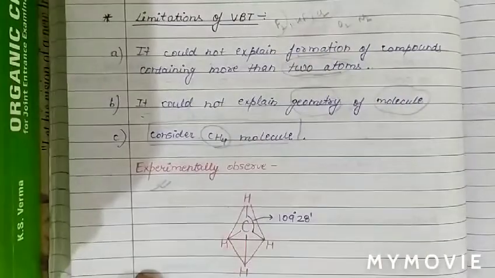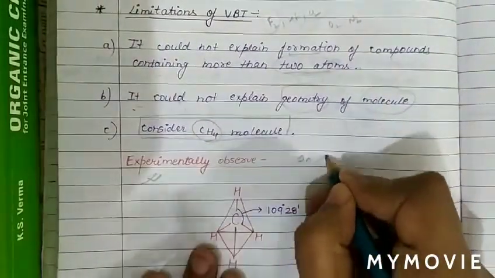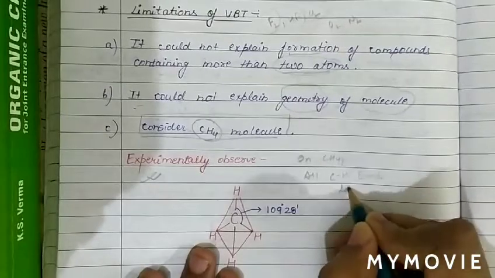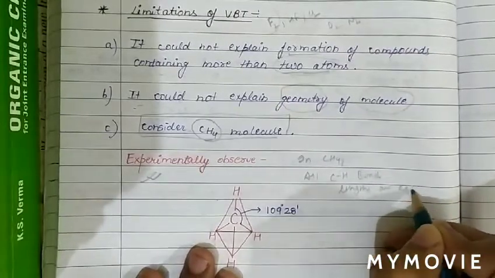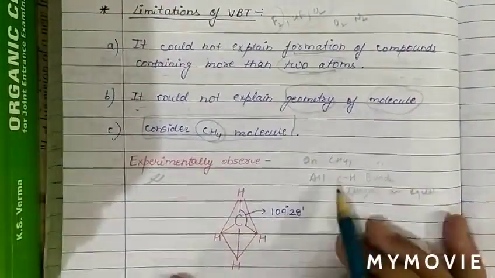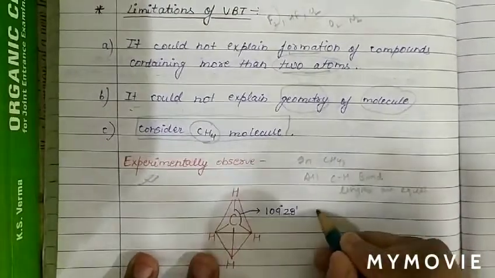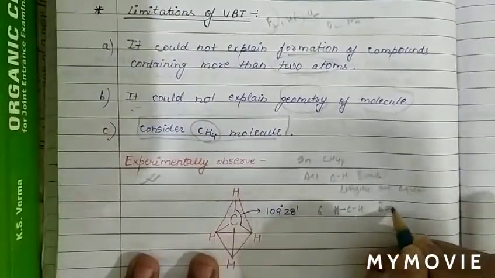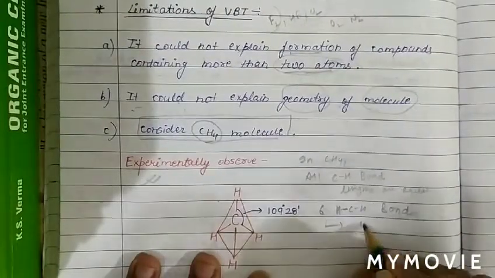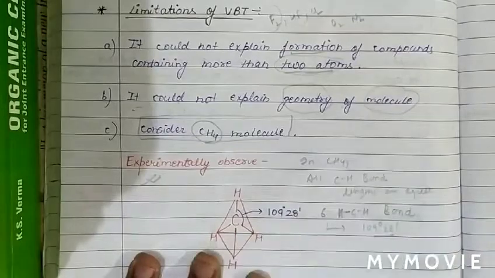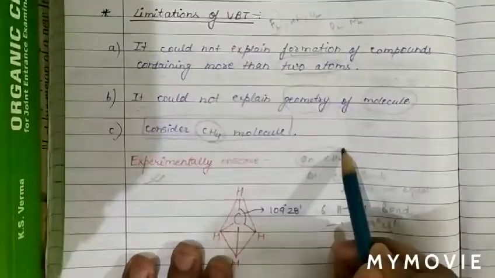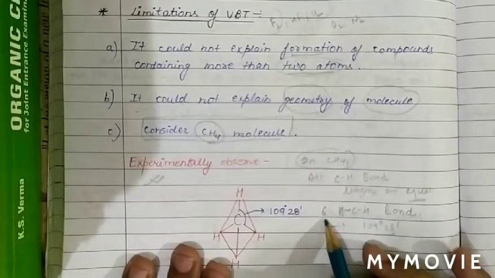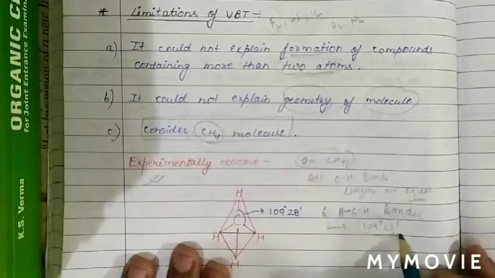Experimentally, in CH4 all carbon hydrogen bond lengths are equal, and there are 6 hydrogen carbon hydrogen bond angles of 109 degree 28 minutes.